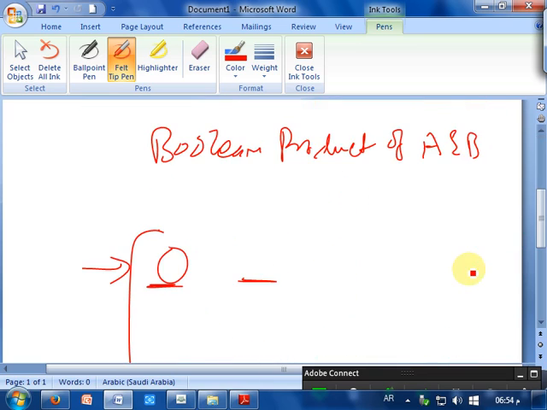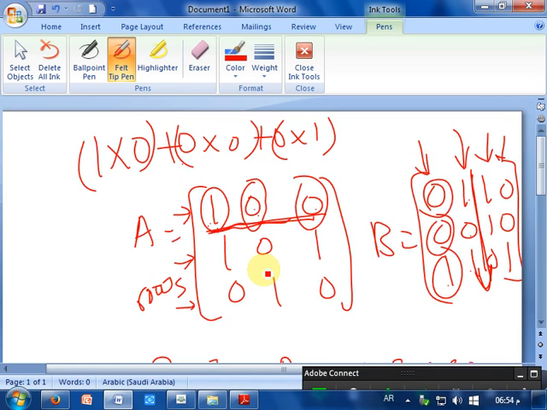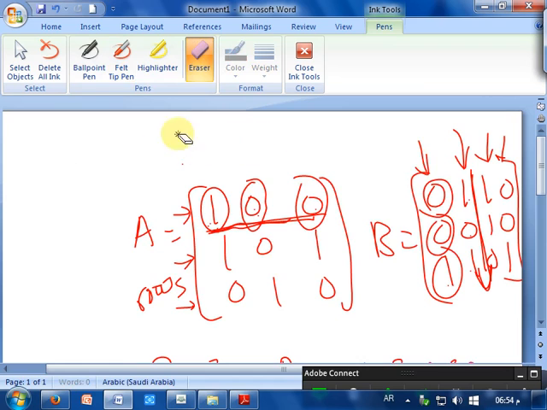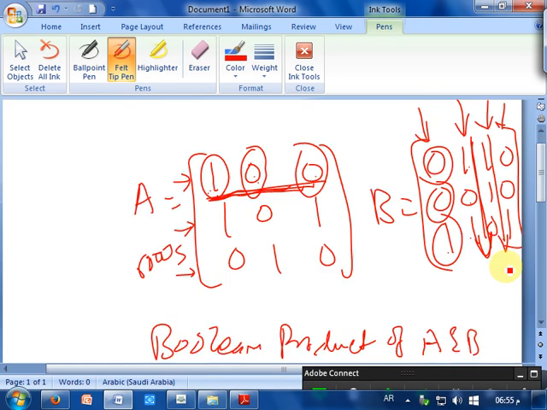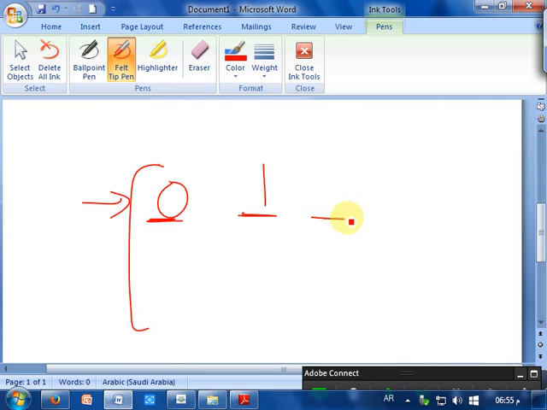It is 1. So you write 1 here. I'll write for the third. The third element you will get from first row, third column.